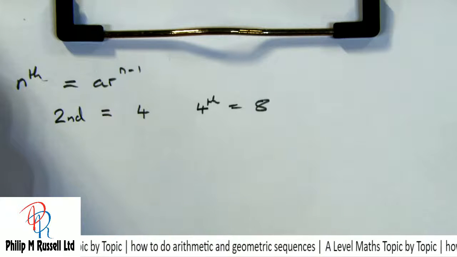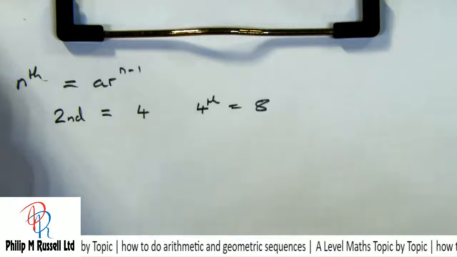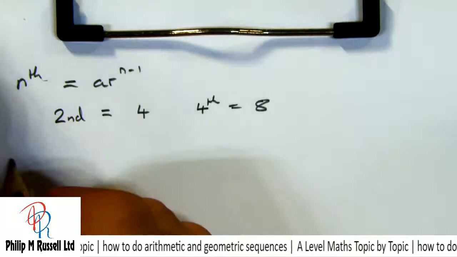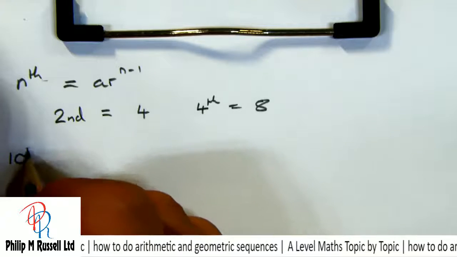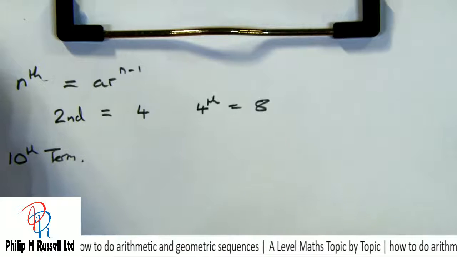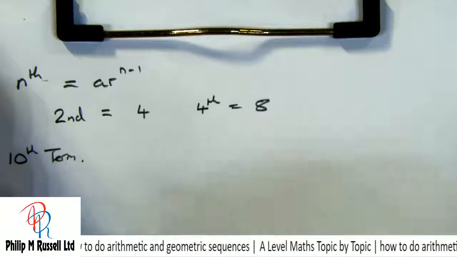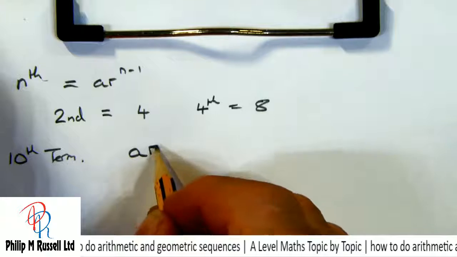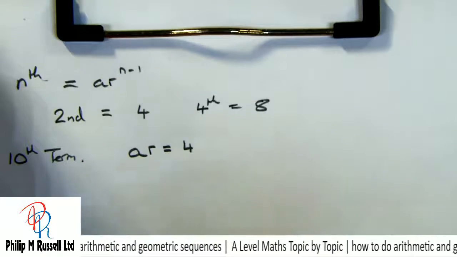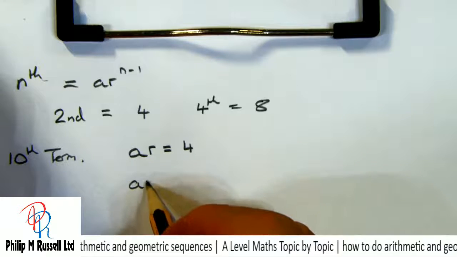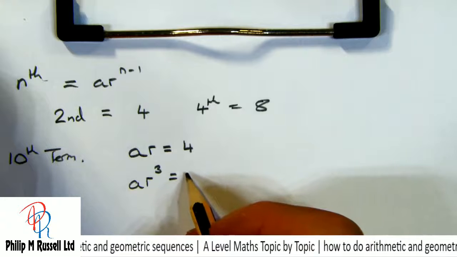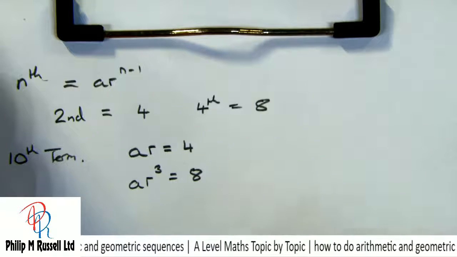Now let's see if we can work out something, and we might have to work out perhaps the 10th term again. So what have we got? Well, let's see what we know. We know that a times r is going to equal 4, and I know that ar cubed is going to equal 8.